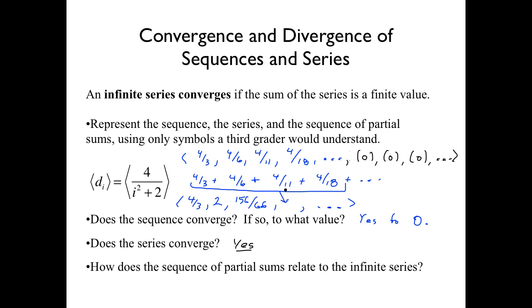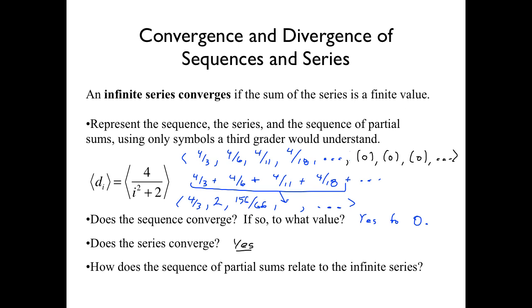If you added them all together, it would be the same as the limit of the sequence of partial sums. Because the limit of the sequence of partial sums is like you add one more term of the series each time. So wherever the sequence of partial sums is going, that's the same as the sum of the whole series.